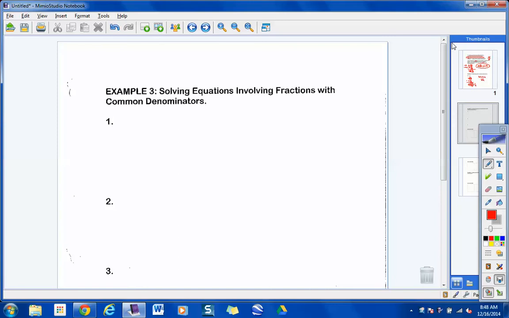Let's go ahead and think about what's going on here in this second set. All right, up top here it says solving equations involving fractions with common denominators. So as I look at this, I've got some examples written down for you.